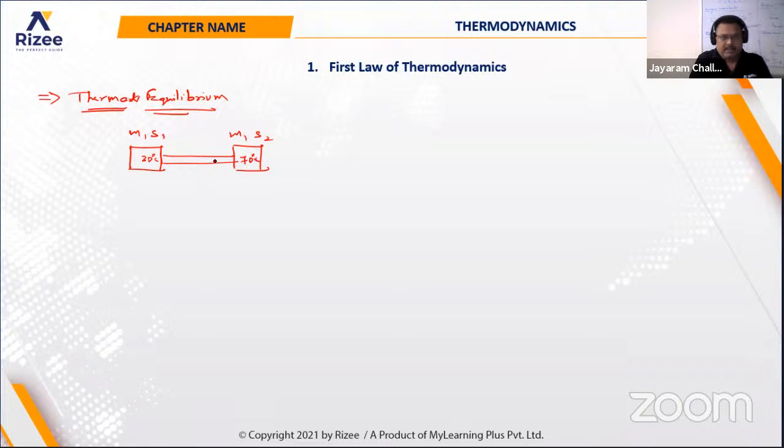Then the heat will be transferred from the higher temperature to the lower temperature, in this direction, and finally the temperature is going to be attained at some 50 degrees centigrade, which is called thermal equilibrium.